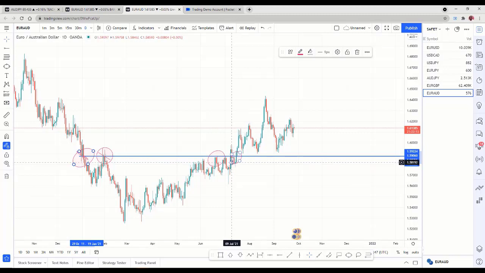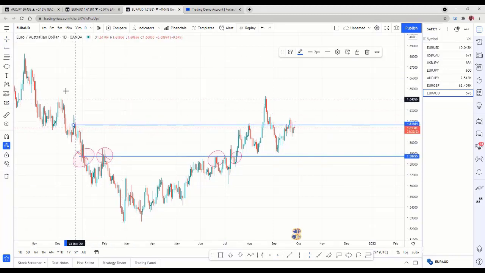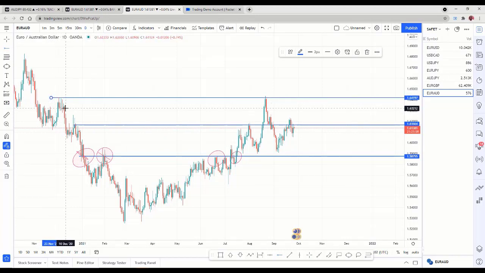Now why do we draw the support and resistance lines in the first place? Not only to make it easy for us to attempt to trade in the market, because without that we can't trade, except we just want to gamble.